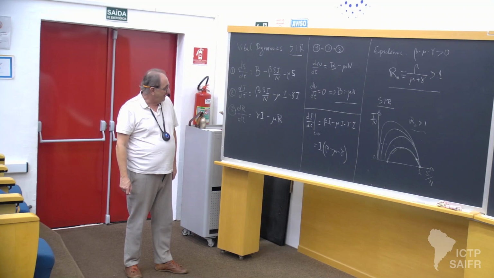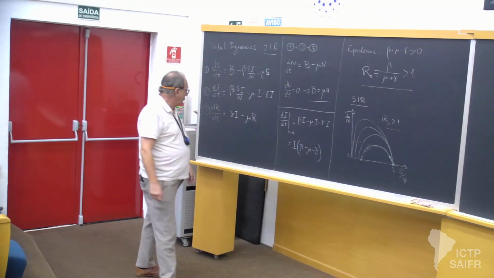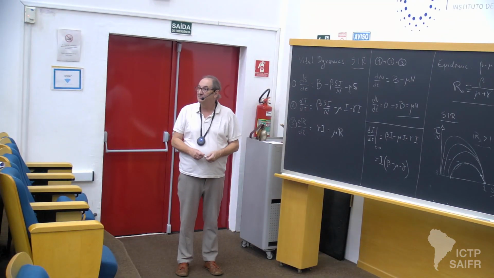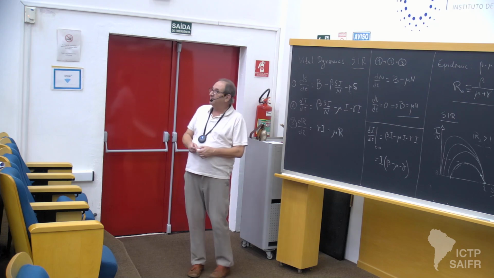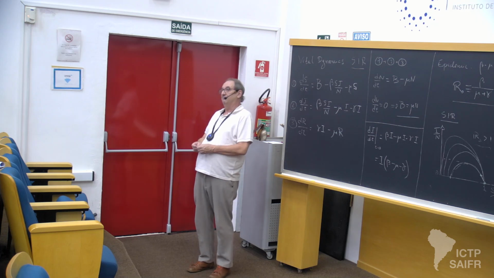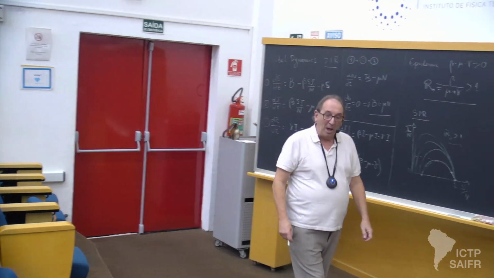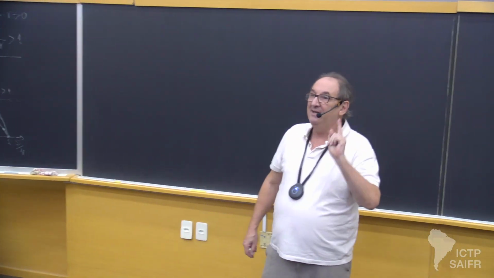Now, this is one thing. And now I want to know, well, do I have another fixed point? And now comes a big difference with the SIR without vital dynamics, because we have another fixed point which is not given by I equal to 0.